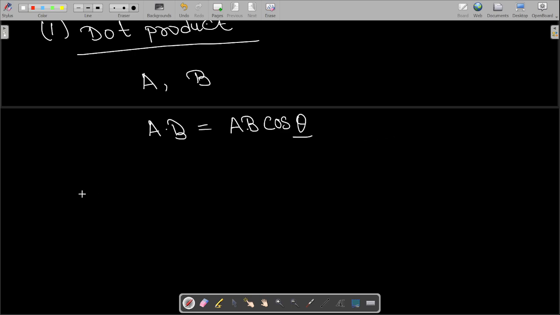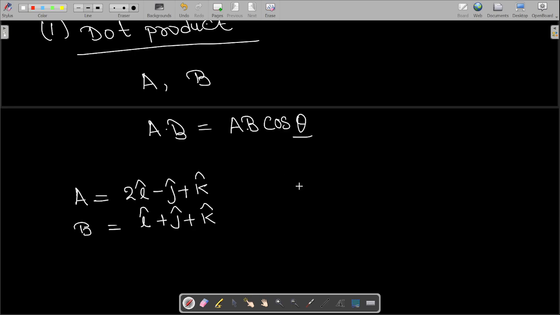For example, suppose we have a vector a that is 2 i cap minus j cap plus k cap, and another vector b, let this be i cap plus j cap plus k cap. Then a dot b is equal to ab cos theta.